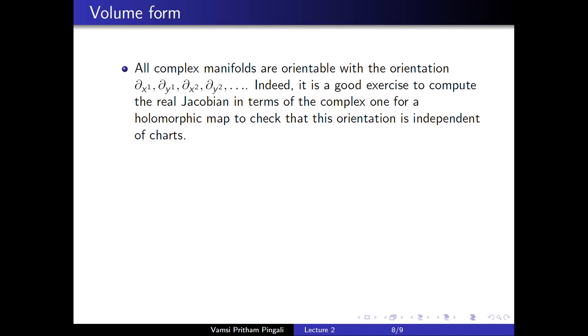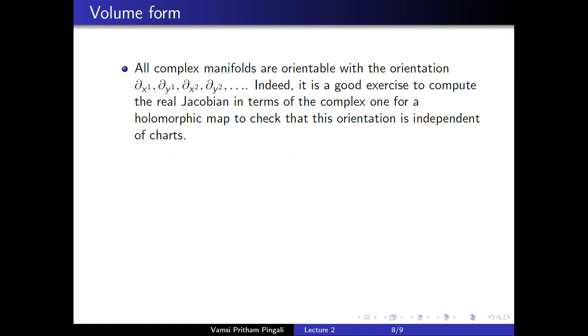If you instead think of this complex manifold as a smooth manifold of real dimension 2n, this map f, its derivative in the real coordinates will be a 2n cross 2n real matrix, right? Now what's the relationship between the determinant of this 2n cross 2n matrix and of the n cross n complex matrix? I claim that one of them is the mod square of the other. And how does one prove it? Please think about it. Okay, it's a good exercise.